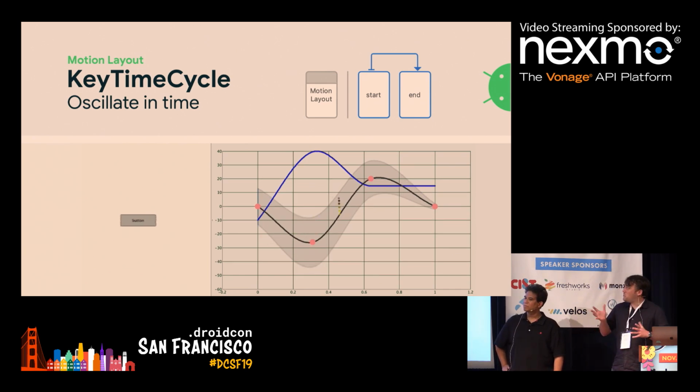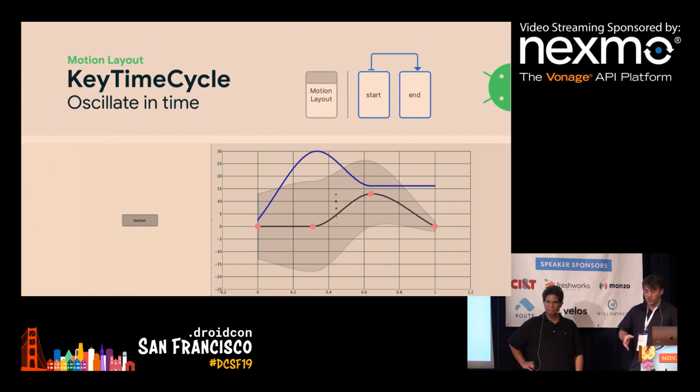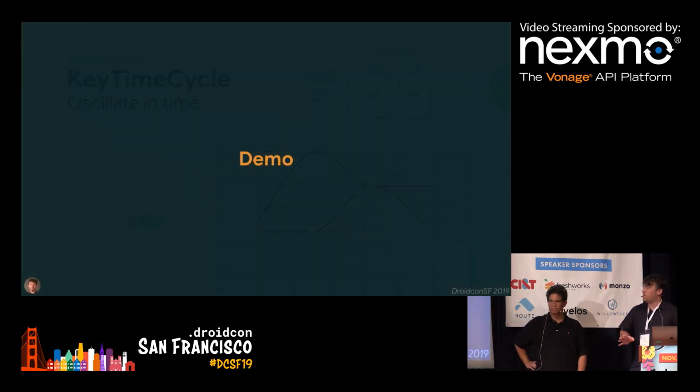So that's another interesting thing. As you can tell, there's a lot of very powerful stuff with MotionLayout. The idea is that we think we have a system that is very powerful, and at the same time, if you want to use it in simple ways, it is not complex at all.